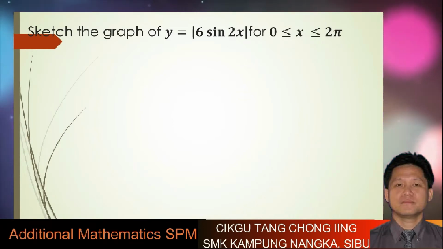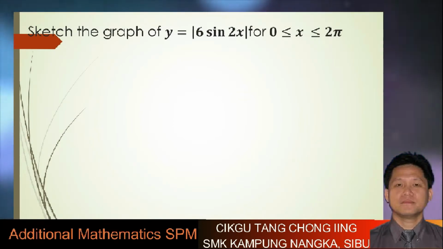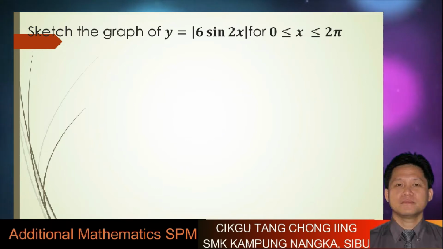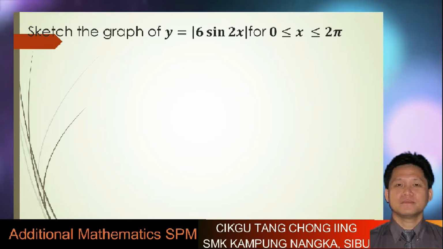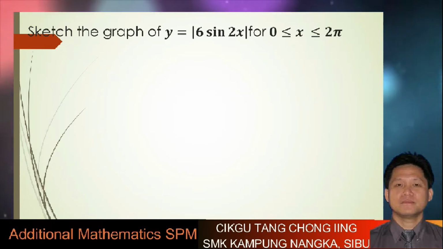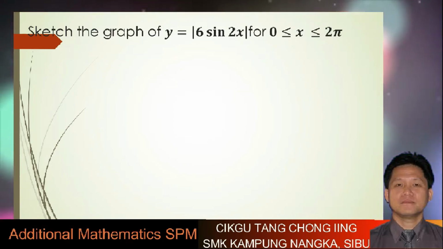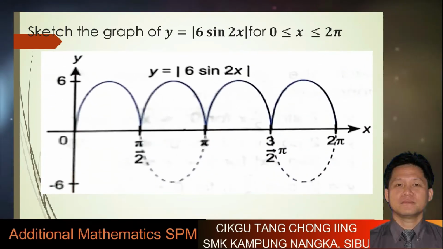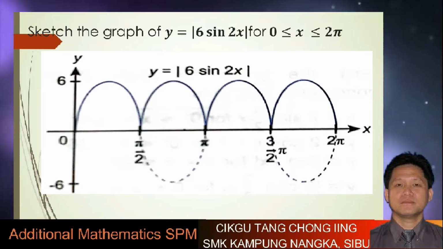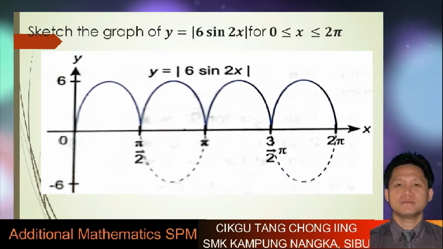Next, we look at this question. Sketch the graph of y equals the modulus of 6 sine 2x for x between 0 and 2 pi. So, we start with sine 2x.